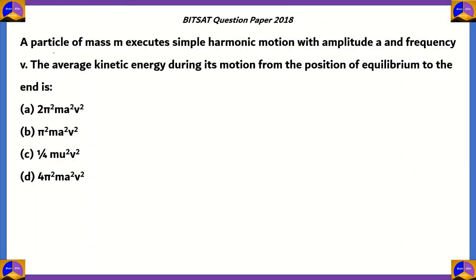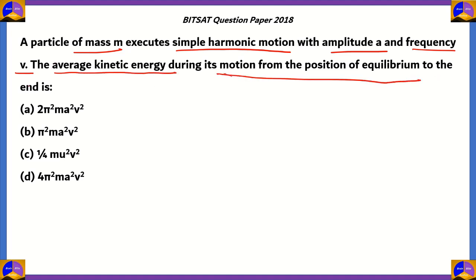Next question. A particle of mass m executes a simple harmonic motion with amplitude a and frequency nu. The average kinetic energy during its motion from the position of equilibrium to the end is. So we need to find average kinetic energy in this case. So first thing to note is that we are undergoing simple harmonic motion.